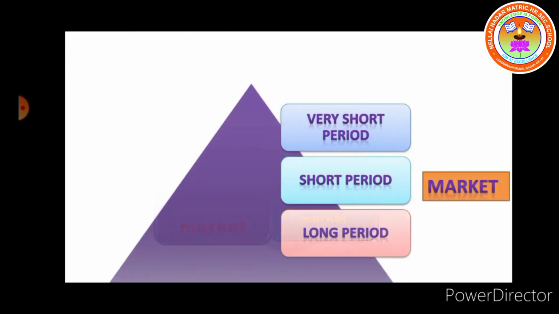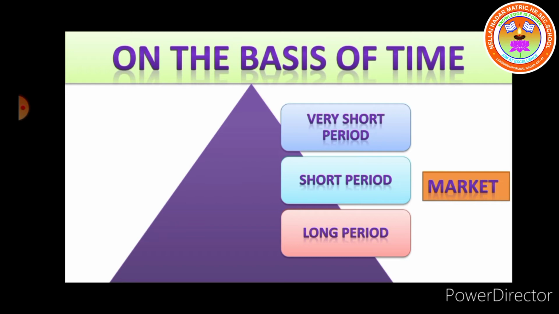Next, let us see on the basis of time. Market is classified into three categories. Alfred Marshall classifies market on the basis of time. Okay. Very short period, short period, long period market. Very short period market is when the supply of goods is fixed and so it cannot be changed immediately.